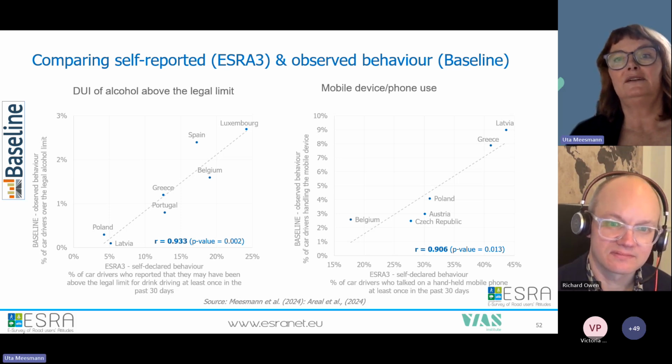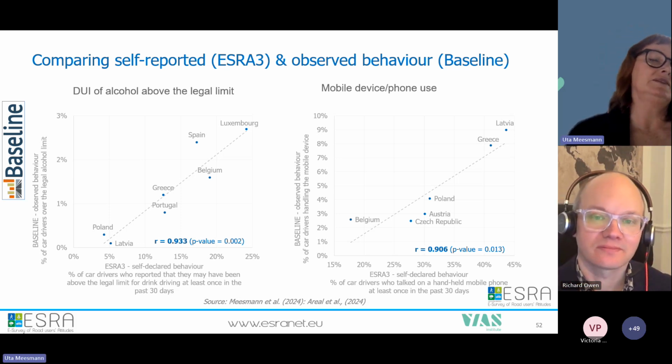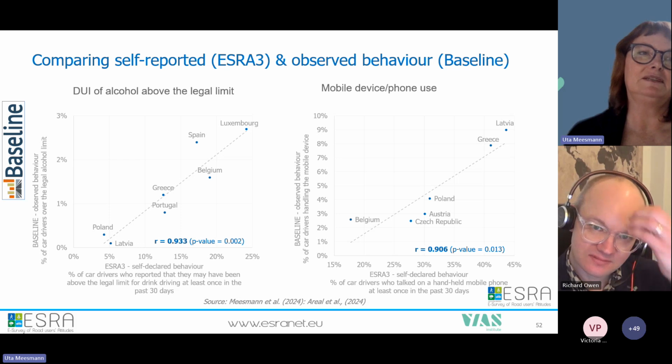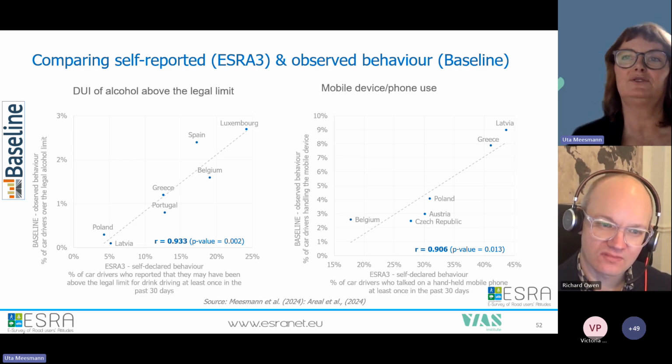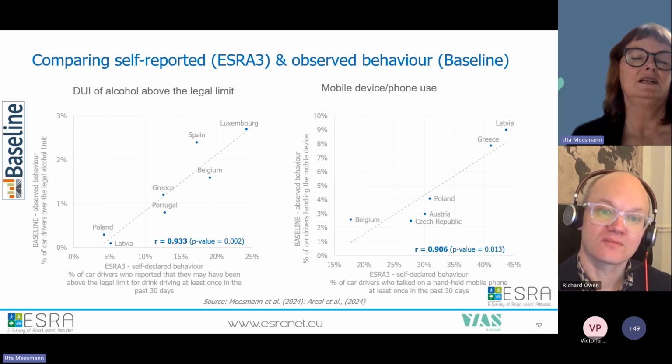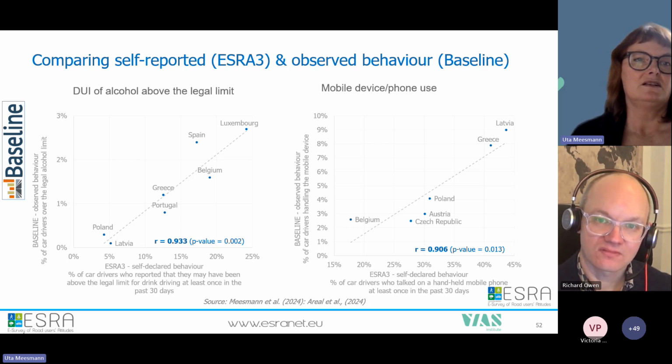What we did in ESRA and also in Trendline, we had a look at the correlations between self-declared behavior and observed behavior. So we compared ESRA 3 results with baseline results.